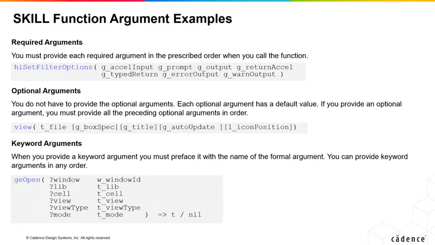Now many times keyword parameters will also have default values. So for example, in this case, if I did not specify the mode, the default would be to open it in read mode, for example. So again, keyword parameters, you don't have to be concerned about the order, only the correct pairing of the name and the value in order to invoke it.